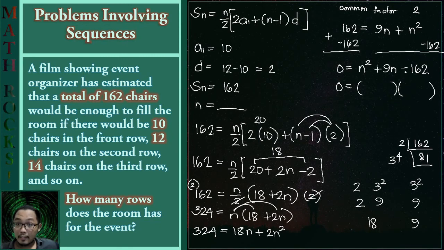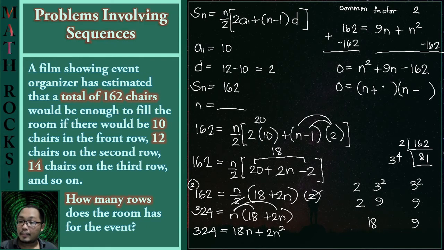Since this is a negative 162, then one of these two factors should have a negative sign. And obviously, the higher absolute value should take a positive sign in order for us to come up with a positive 9. Doing so, we have the factors of n squared be n and another n, having the positive number here and the negative number here. Since 18 is higher than 9, it should take the positive number here, while 9 is negative.